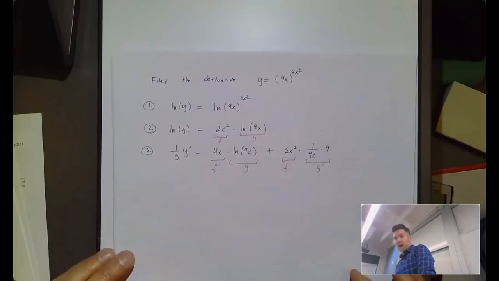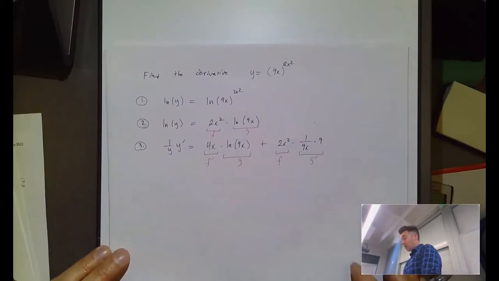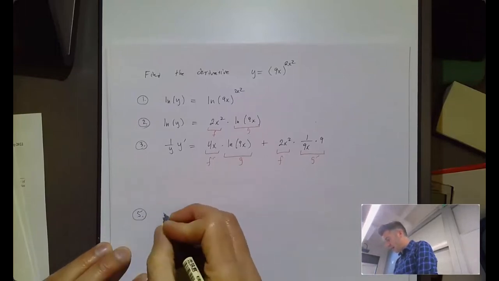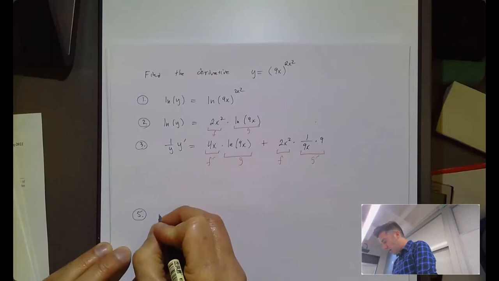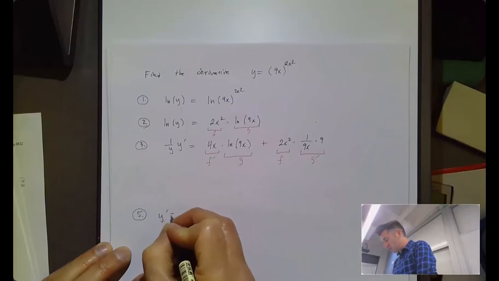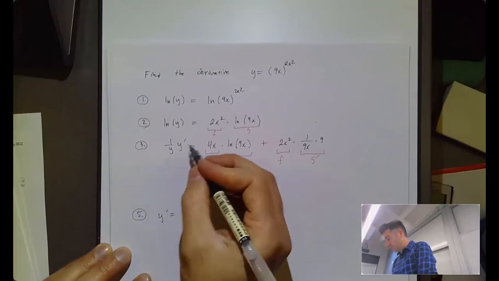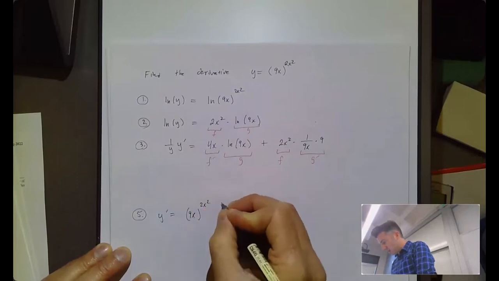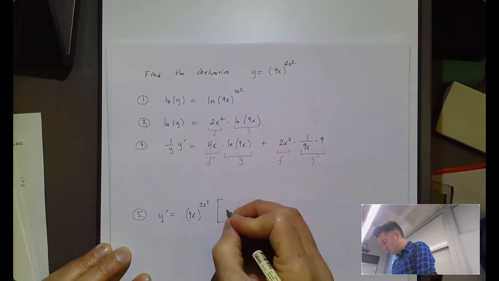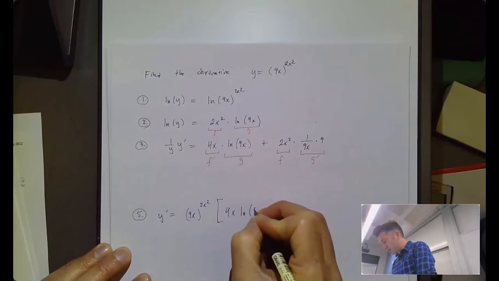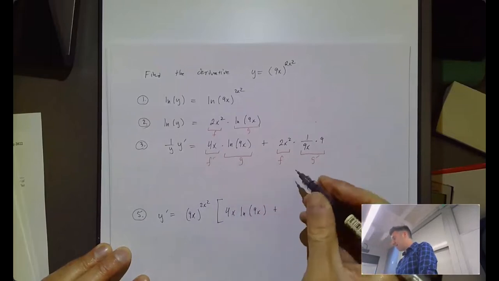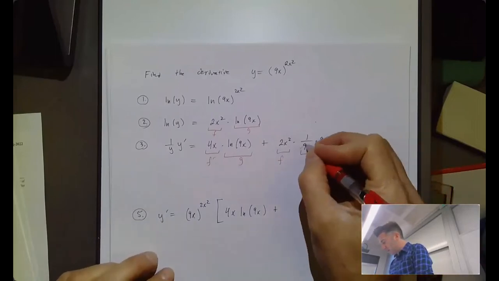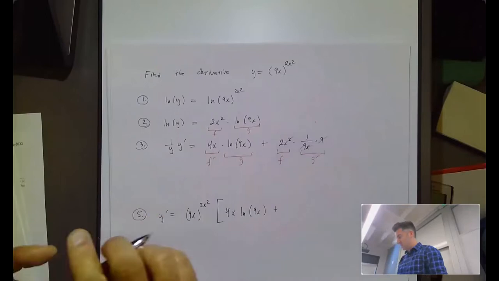And then I kind of like to do the last two steps in one. So here's the final result, and I'll go back and show you the intermediate step if you want. I'm going to get y prime equal to y, which is 9x to the 2x squared, times all this stuff: 4x times natural log of 9x plus, I can do a little simplifying here, I can cancel a 9 and an x and just get 2x.